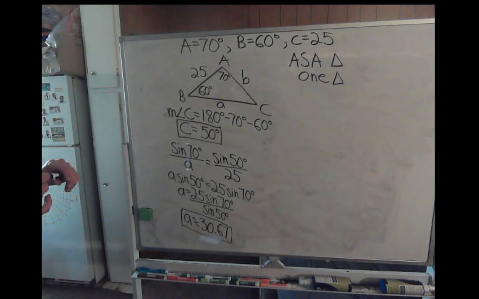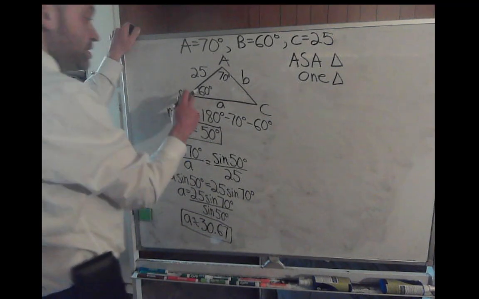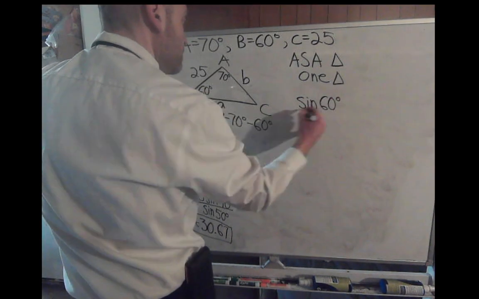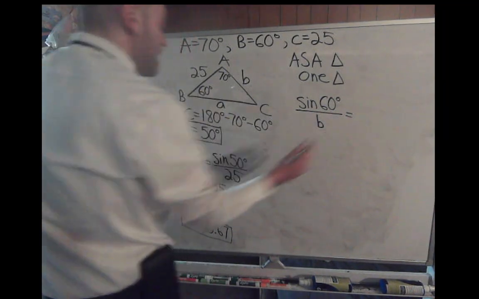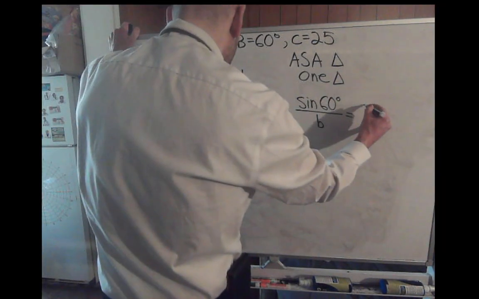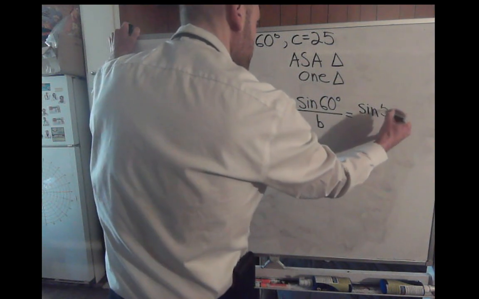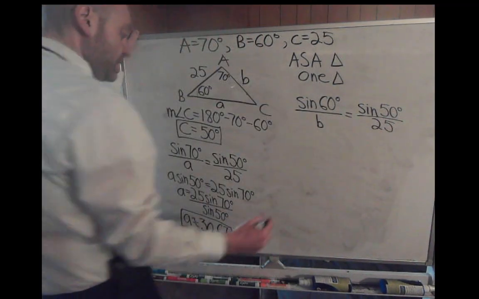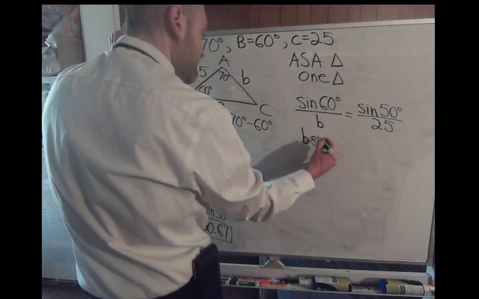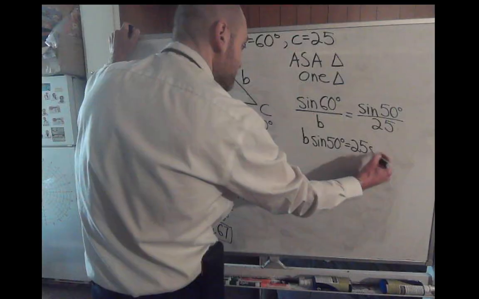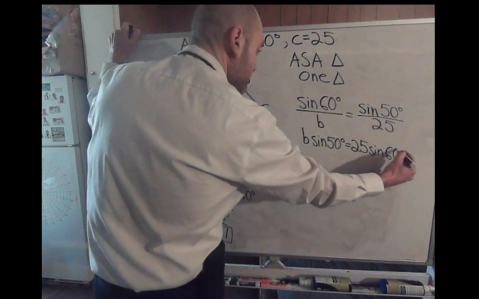Now we just simply need to solve for side B. So again, side B, we know the angle at least, so that would be the sine of 60 degrees all over B. And I would use the sine of C for your second ratio since we know both the angle and the side. So that would be the sine of 50 degrees all over 25. Alright, so then B times the sine of 50 degrees is going to equal 25 times the sine of 60 degrees.